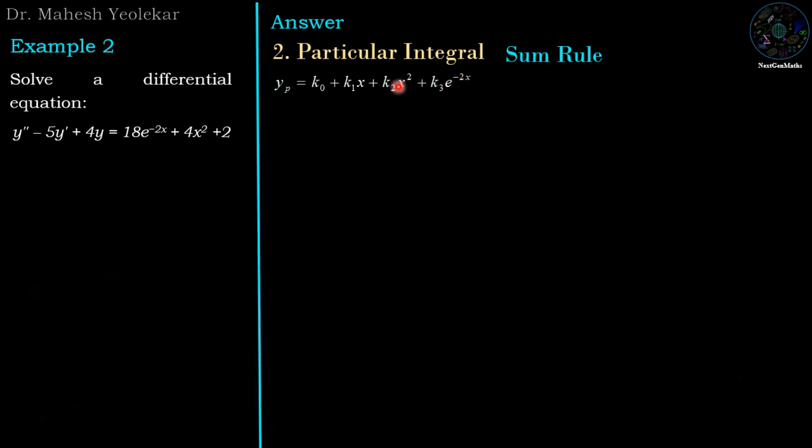Here k0, k1, k2 and k3 are the undetermined coefficients, and we are going to find their values. For that we require the derivatives. So yp dash is k1 plus 2k2x minus 2k3 e power minus 2x, and yp double dash is 2k2 plus 4k3 e power minus 2x.